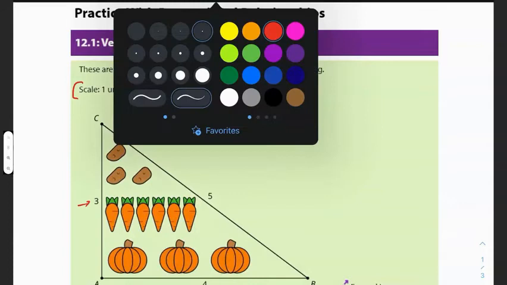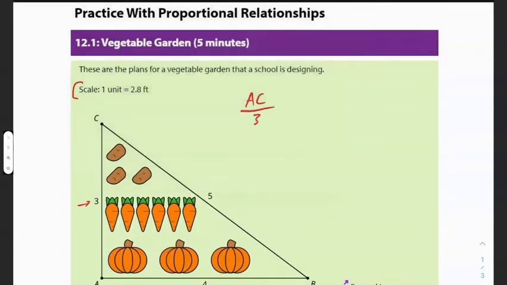We know that it is 3. Meanwhile, we know that 1 unit is 2.8 feet. I'm going to go ahead and cross multiply. If I do that, I get 1 times AC, and then I get 3 times 2.8. What do you get in your calculator if you multiply 3 times 2.8?